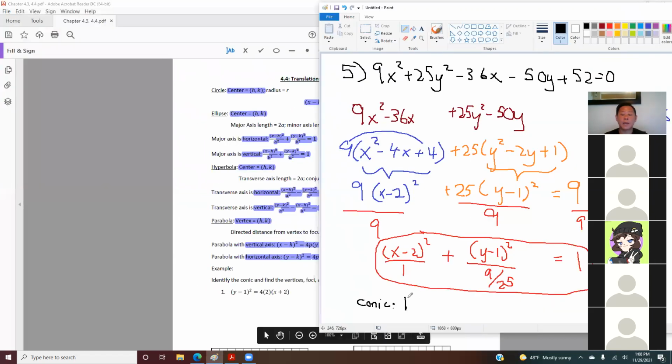This is an ellipse, and you have to tell me whether this ellipse has its major axis on the horizontal or on the vertical. How do we know? We figure out which one is your A and which one is your B, because for an ellipse, A has to be greater than B. Between 1 and 9 over 25, which one is bigger?